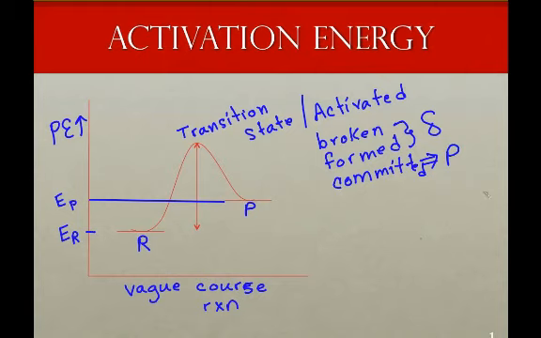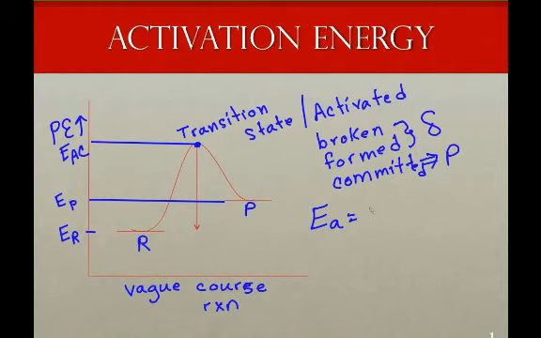Okay? Now, the activation energy is the difference. If we went over to here and brought our line over, that would represent the energy of our activated complex. Well, our activation energy is the difference between those.